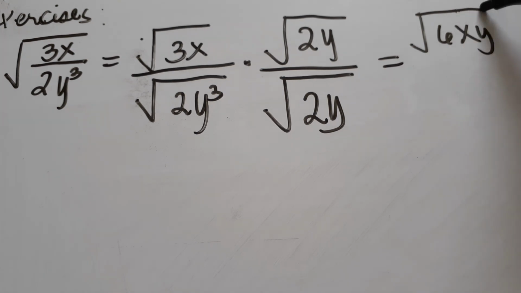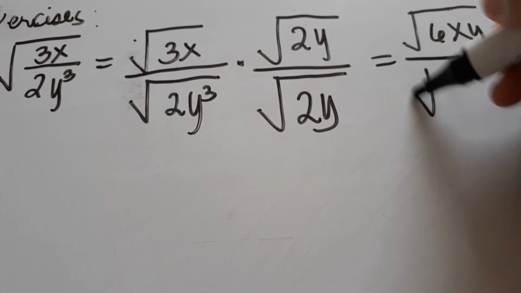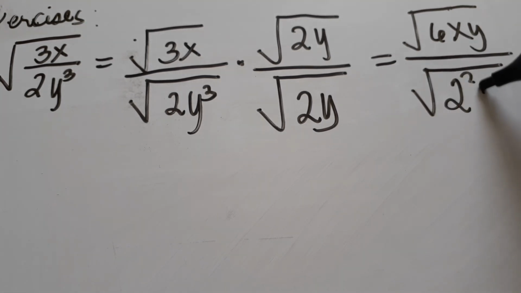And then we multiply the numerator, 3x times 2y, is square root of 6xy, over 2y cubed times 2y, which is equal to 2 squared y to the 4th.